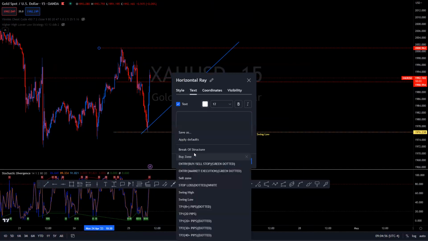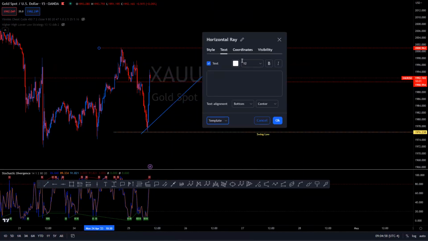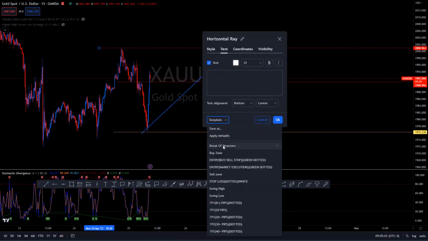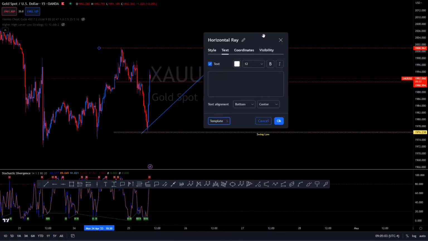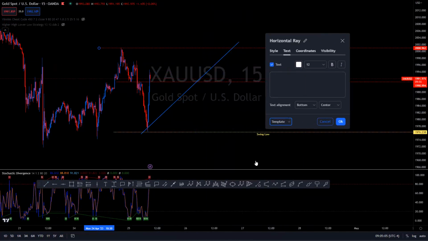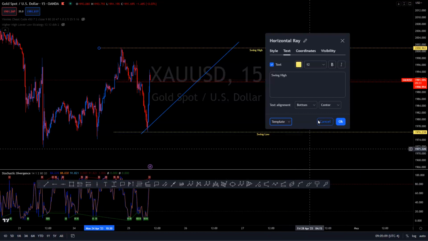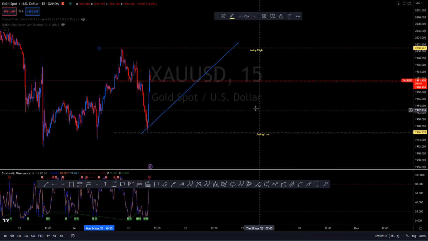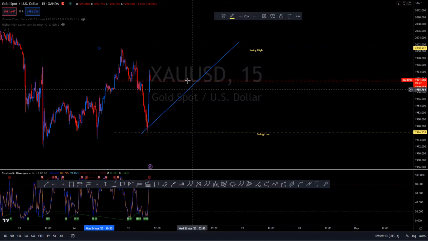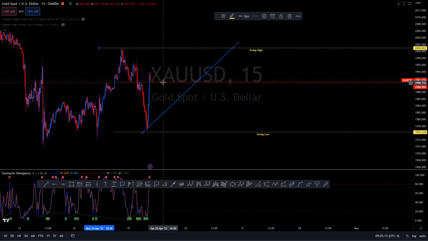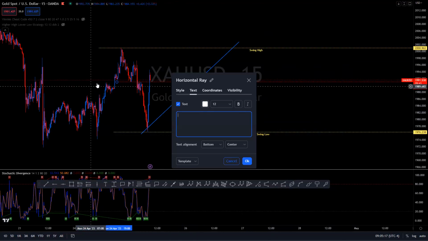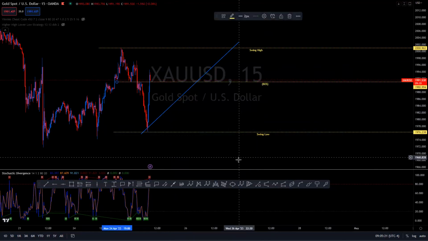Got a swing high here, a swing high up here. And then we have our swing, and then vertical structure here.